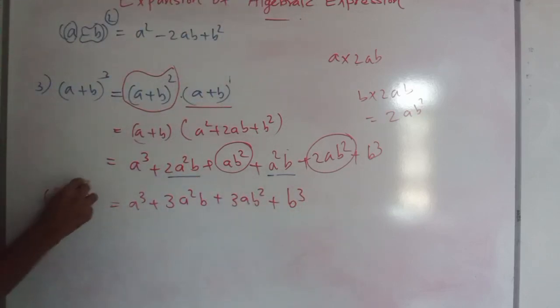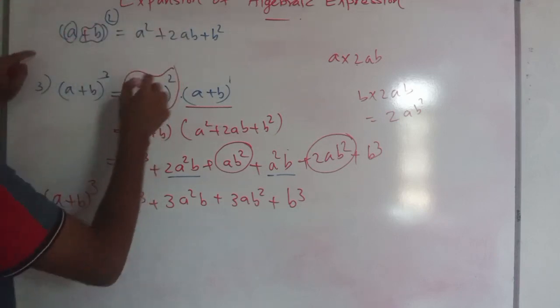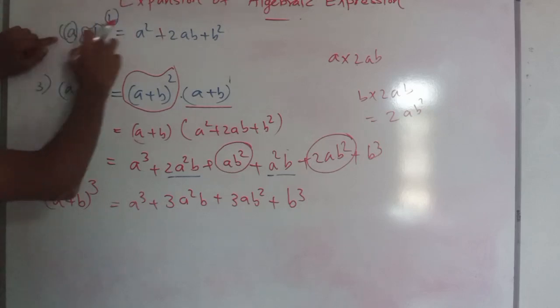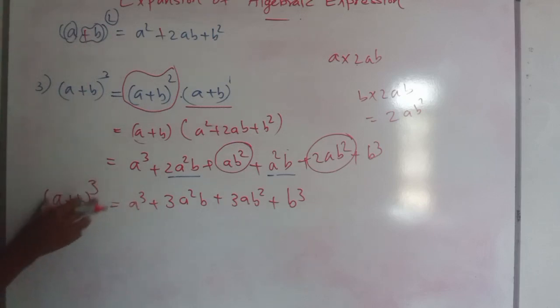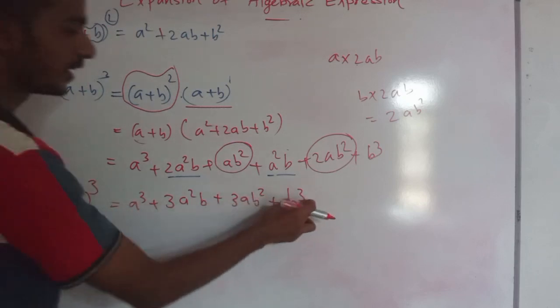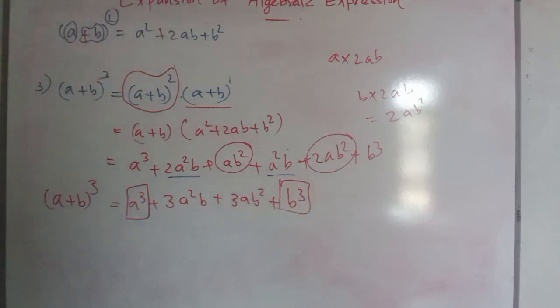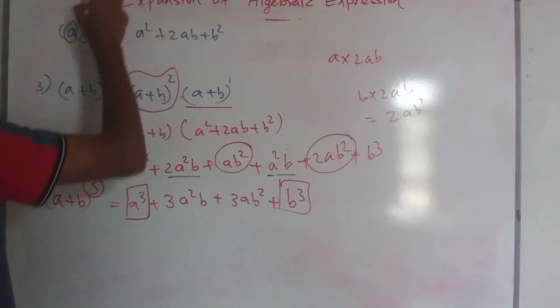(A + B) cube. Now for example, if it is (A + B) whole thing square, we just put the exponent of the whole expression to the first and second terms, right? Likewise here also we have to put the exponent of this expression to the first and second terms. So A³, B³. Then you see 3 should be written, like we wrote 2 here.